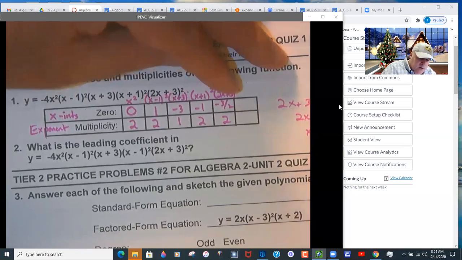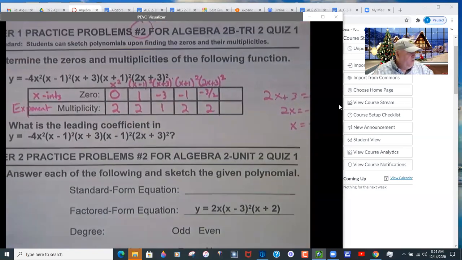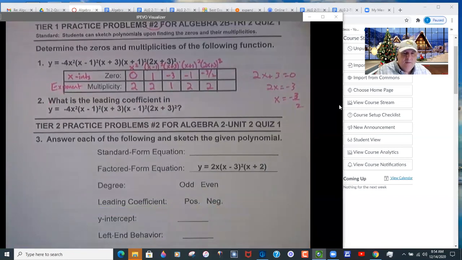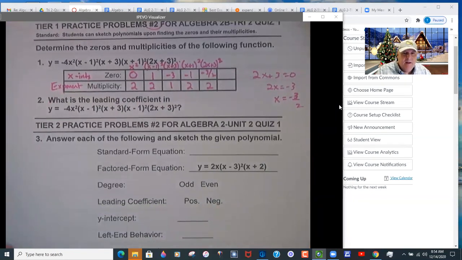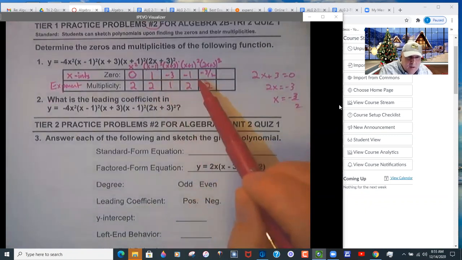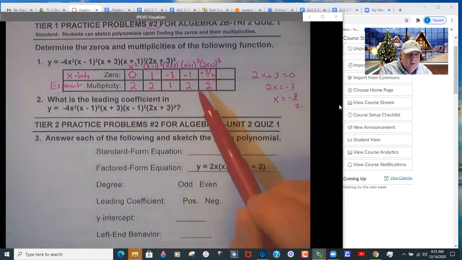But it is the relationship between x-intercepts and the factors. And this is something in my class that we spent a whole great long while on. So I don't expect you to get the 0 from the factor wrong. Okay, that's something you should know.